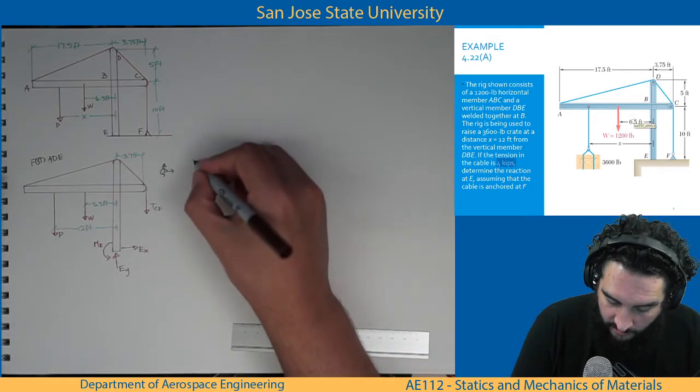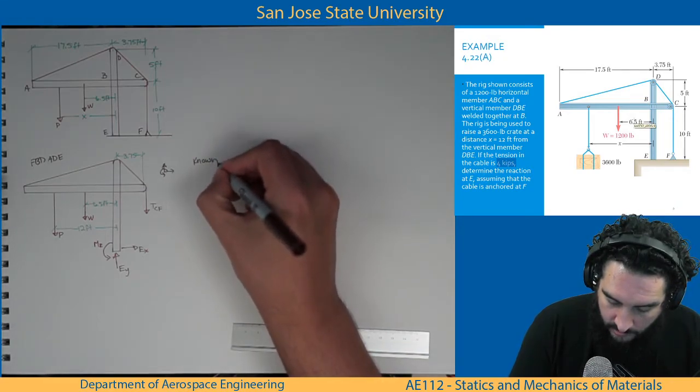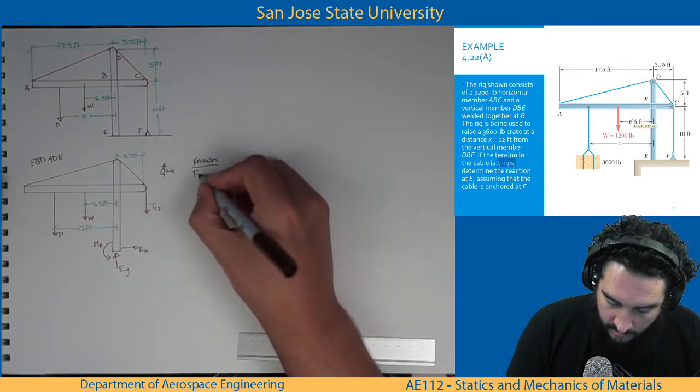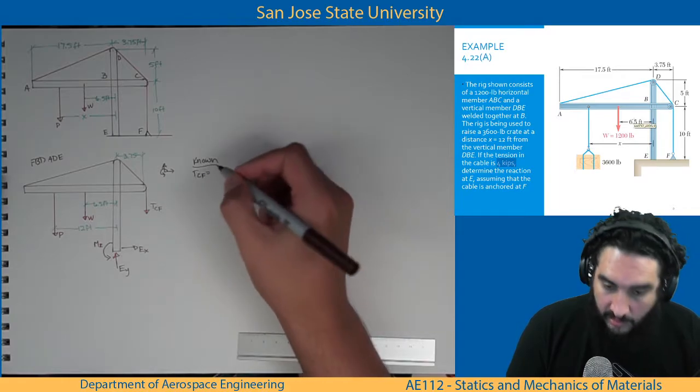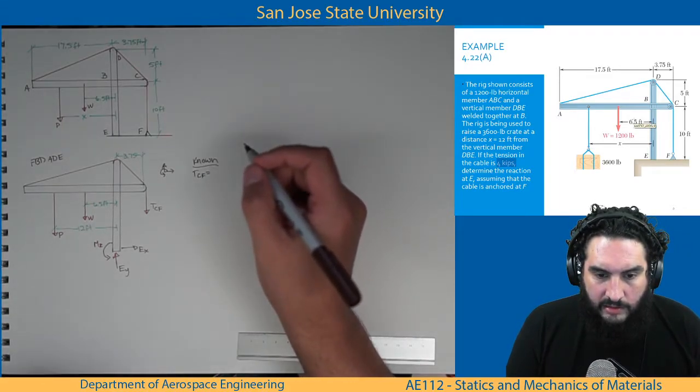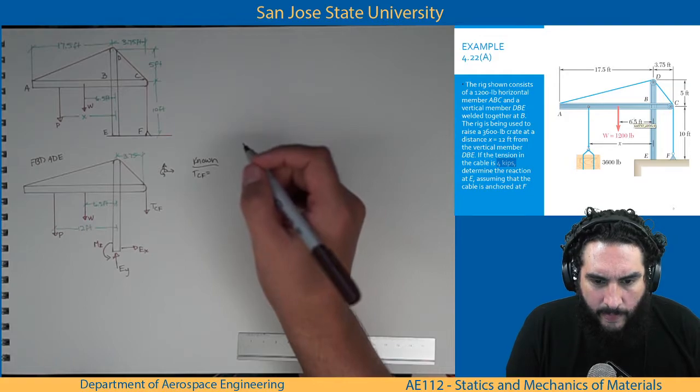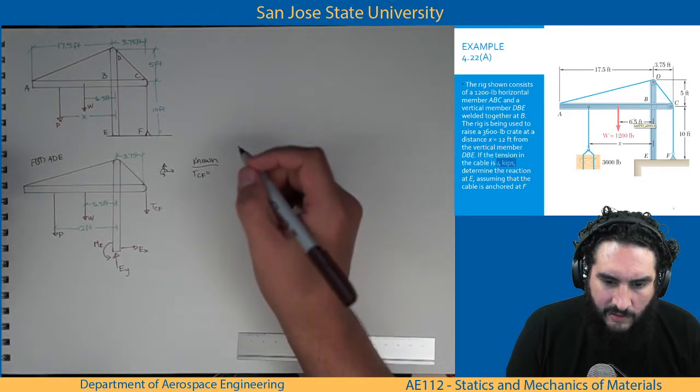Okay, let's populate our knowns. TCF. When I populate this list, the problem statement gives us pounds and kips. It's looking like kips is going to be an easier system for me to work in, so I'm going to go with kips.